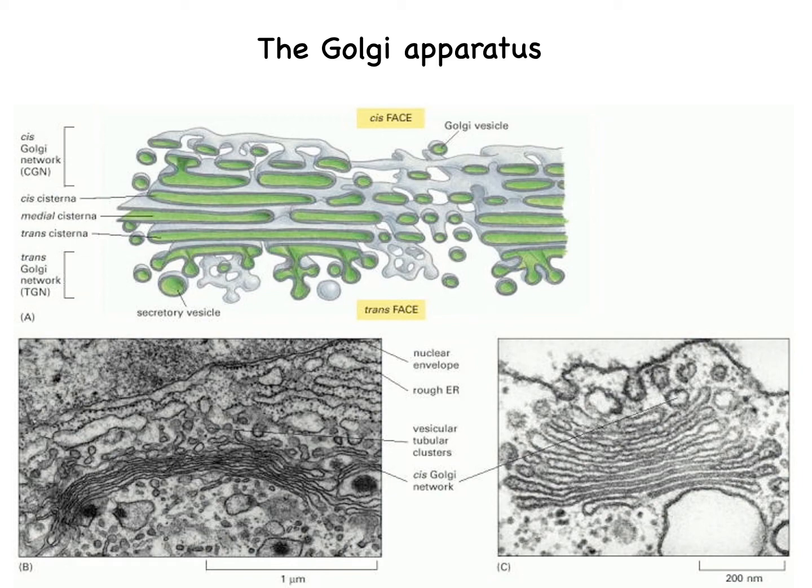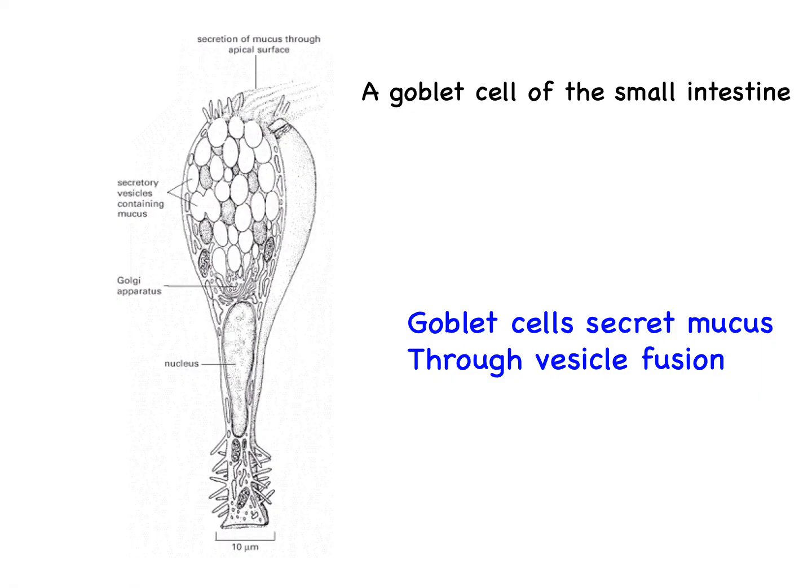And let's look at an example here. In a situation in a cell that's involved in secreting large amounts of molecules, in this case mucus, it does so through vesicle fusion, and we'll maybe look at that again in a minute.